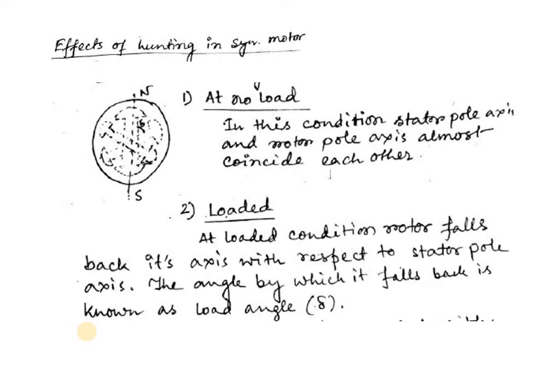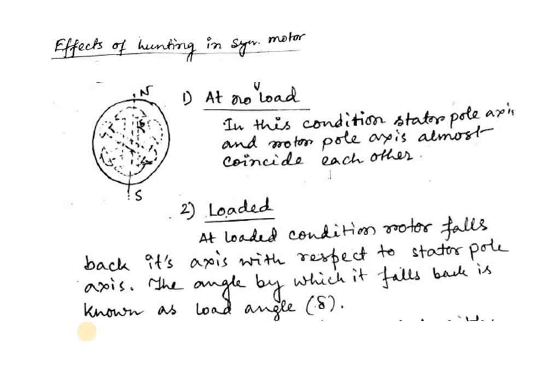Synchronous motor hunting effect can be described in two conditions. One is the loaded condition, when the machine is loaded, and another is when the machine is not loaded, or no load condition. So, first we will talk about no load condition.